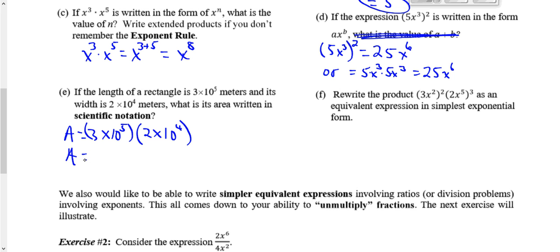So, what's 3 times 2? 6 times 10 to the what? 9, right? Power times a power. You have to add the exponents, right? It's like up here.